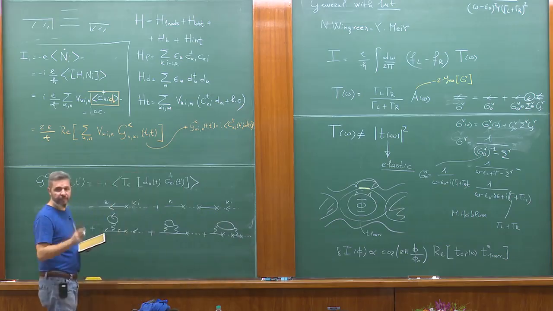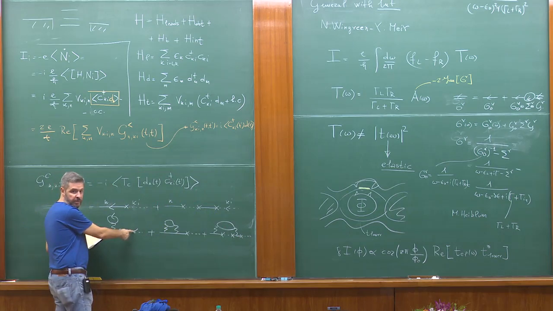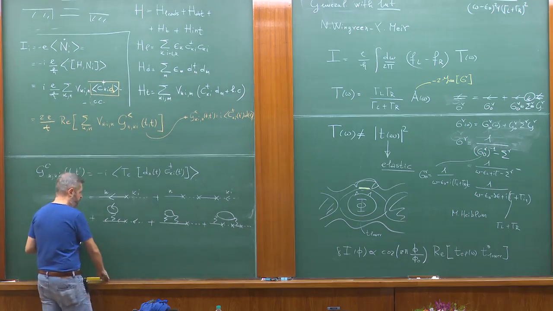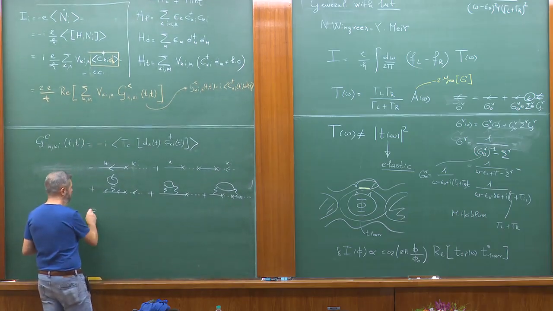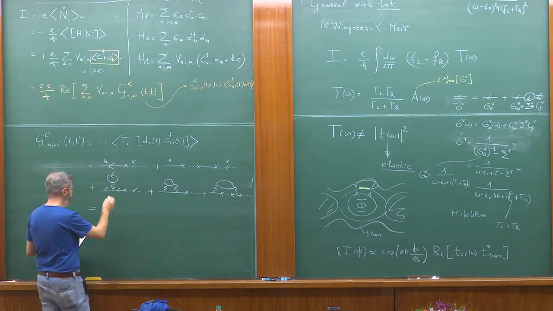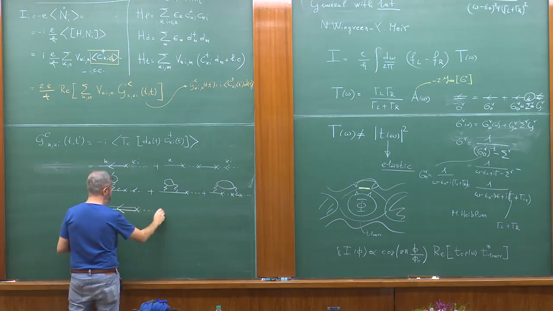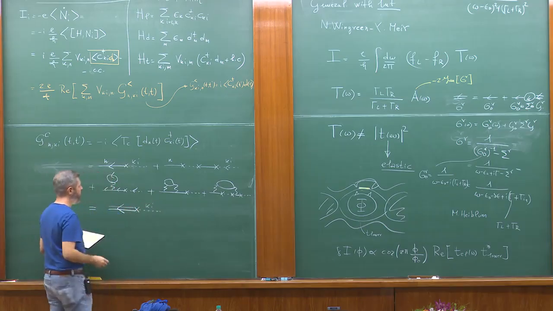But you will never get diagrams that have an interaction piece that involves this last green function here. You will never get it. And therefore, I can formally resum this series, stating that this is equal to the full green function times this. Why?